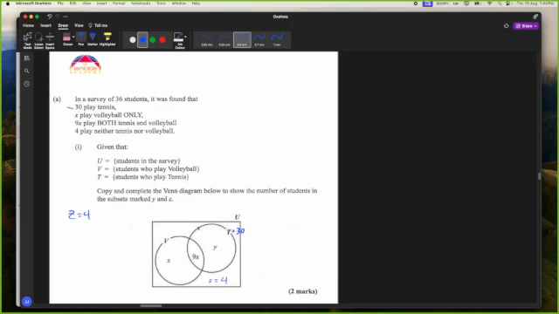So this total here is 30, right? The amount here in Y is the total amount 30 minus the amount that play volleyball as well, 9x. So Z is 4, Y is 30 minus 9x. Interesting.